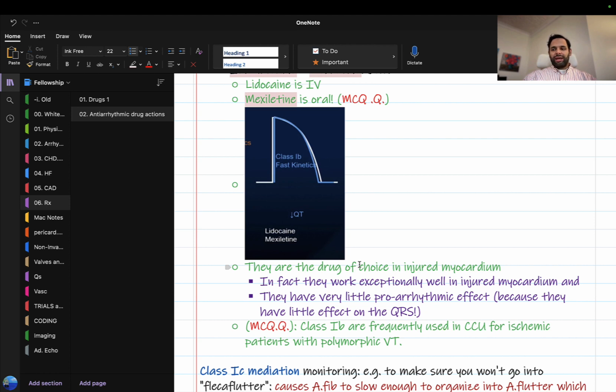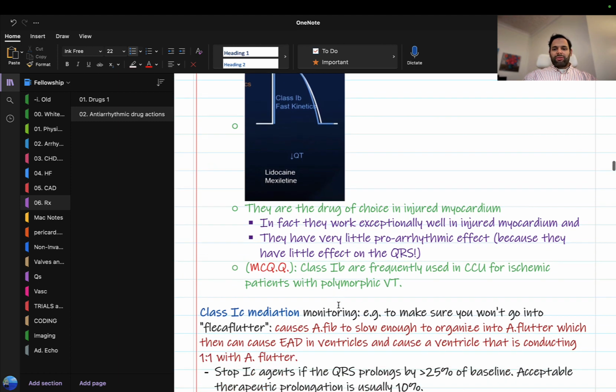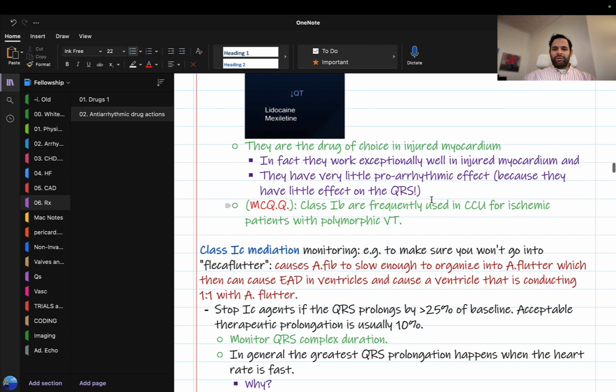To potentiate proarrhythmia, you need to change the electrical wavefront in a way that would allow for excitation and a new action potential to occur at the wrong time, and that would be a focus of proarrhythmia. Class 1B are frequently used in the CCU for ischemic patients.